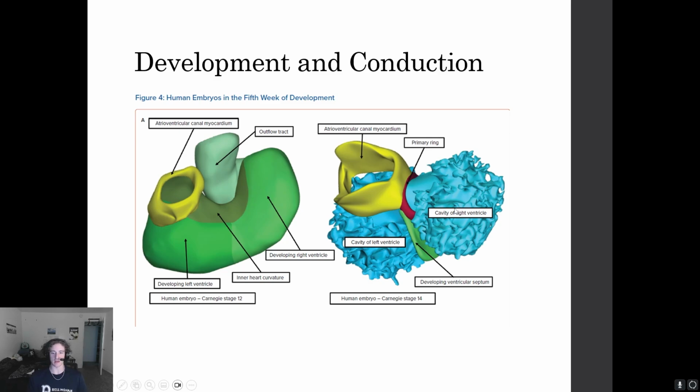Well, in our heart, we have an opening for the left ventricle and an opening for the right ventricle. So this structure is going to have to develop outwards to make a canal for the right ventricle specifically, okay? If the ventricular septum is forming, we're going to need another opening for the right ventricle. I think that makes sense, right? There's just one opening, we need another one. So this is going to have to develop over to here. So that's what we see.